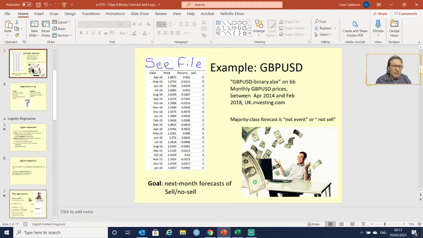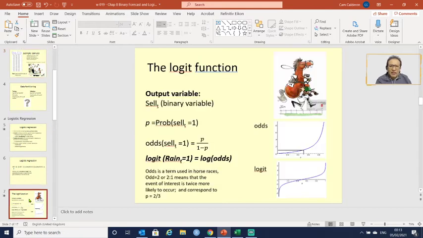Yes is that it's meeting our criteria because we want to sell the GBP dollar, for instance, and we want to know what is the probability of sell equal 1, right? Of that column equal 1. And that is the probability that we are going to calculate.